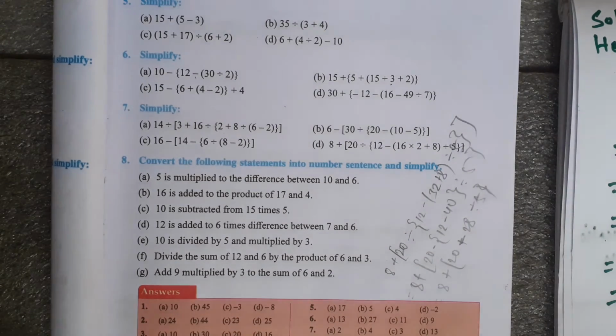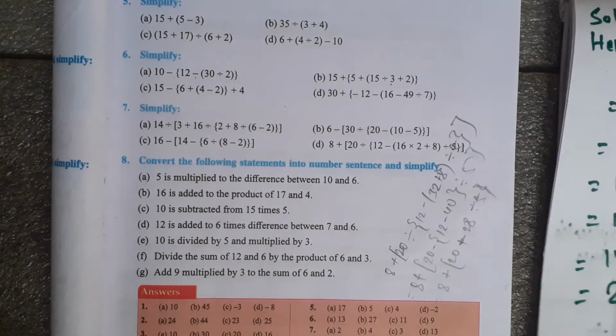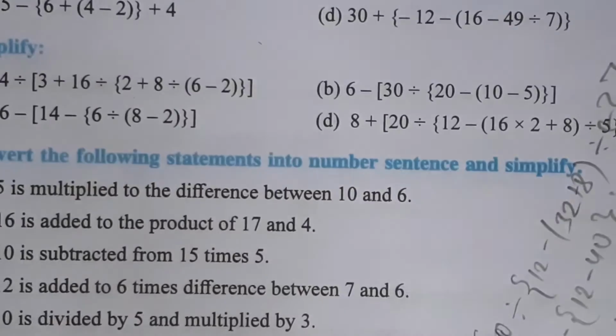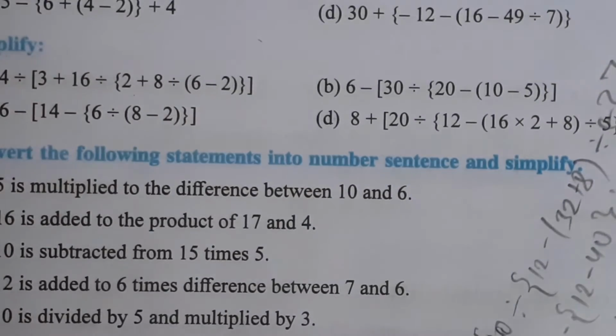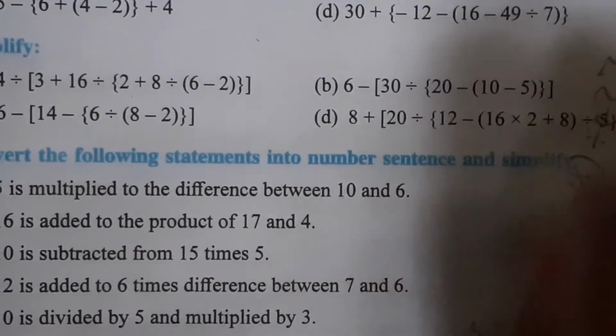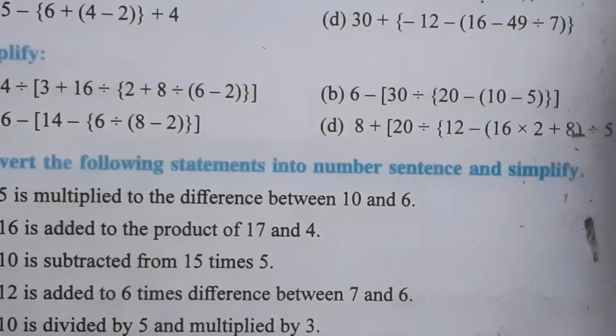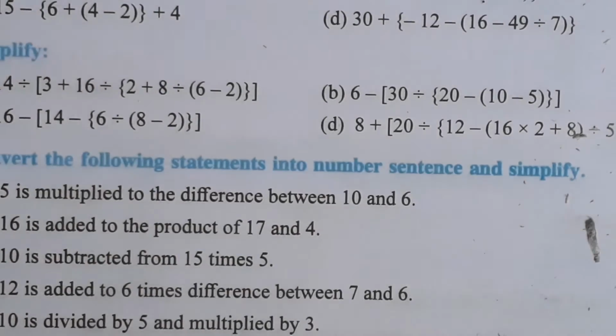Now number 8. 5 is multiplied to the difference between 10 and 6. I'll make the equation here, you have to do it yourself. 5 is multiplied to the difference between 10 and 6.